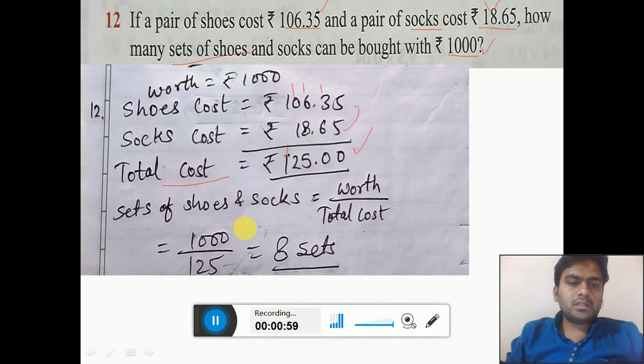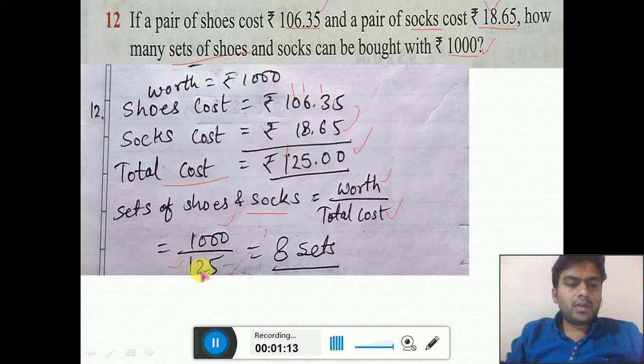Now the sets of shoes and socks equals the total worth upon the total cost. So the total worth, that the person has, is 1000 and the cost of shoes and socks is 125 rupees. So divide. Now cut this number by 5, 5 2s are 10, 5 5s are 25, and this also we can cut by 2, 5 2s are 10, then 2 0 left, 0 0, again we can simplify by 5, 5 5s are 25, 5 4s are 20 and 0.